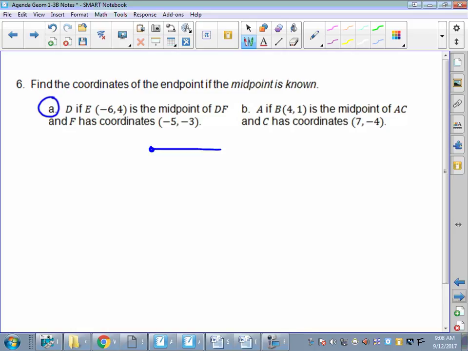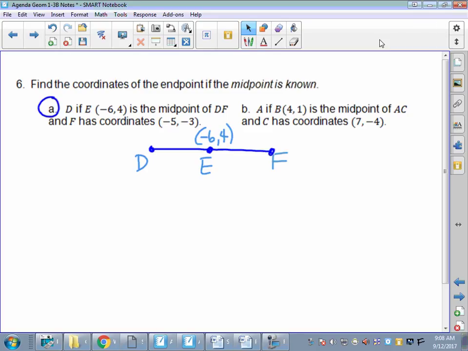So let's do a little diagram here. What is the midpoint? It says E is the midpoint of DF, right? So DF has to be the segment. E is in the center, and we know E is -6, 4.